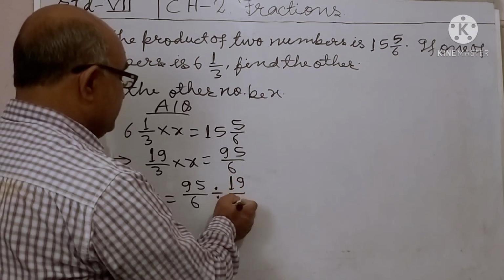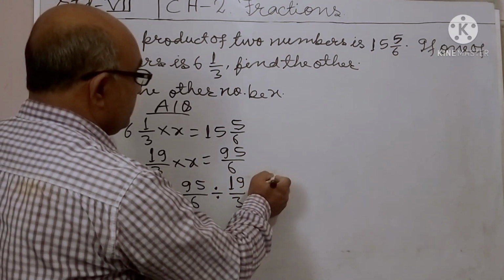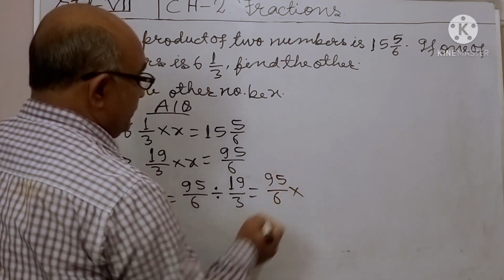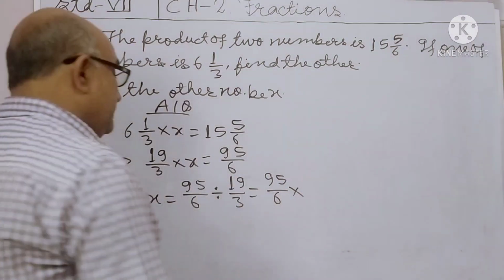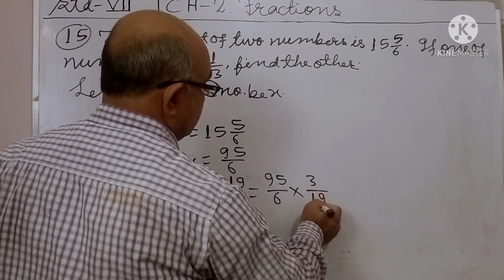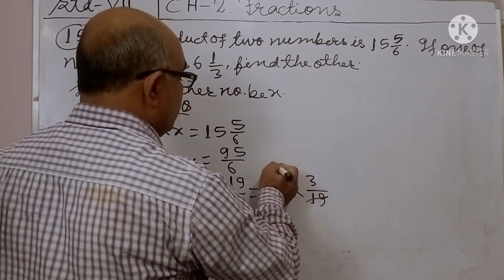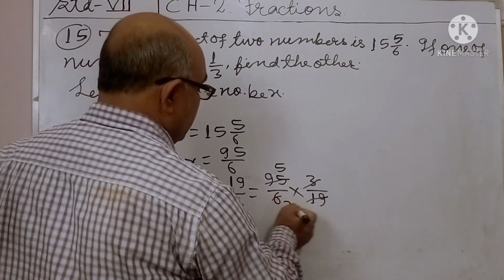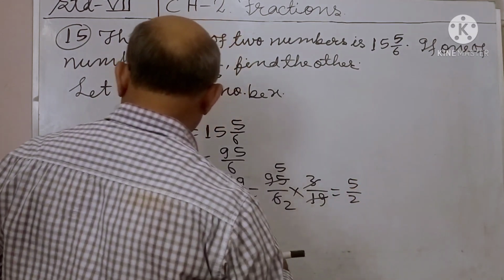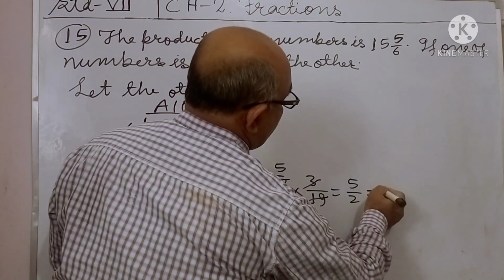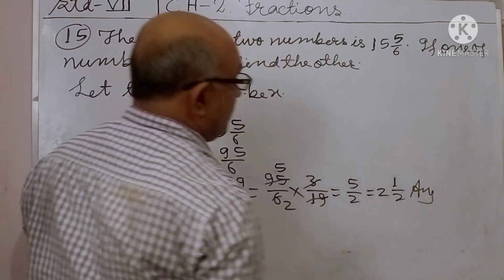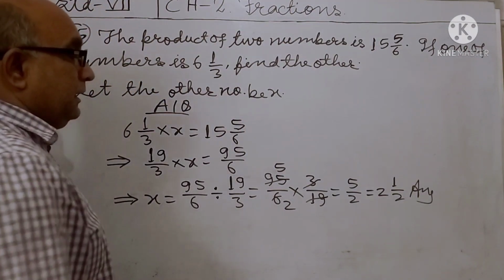So x equal to 95 by 6 divided by 19 by 3. Divide changes into multiply, so 19 by 3 changes into 3 by 19. 19 times 5 is 95, and 3 times 2 is 6, equal to 5 by 2, equal to 2 whole 1 by 2. Answer of this question. Students, understand and write it.